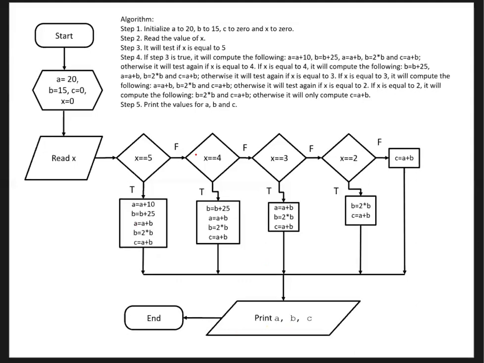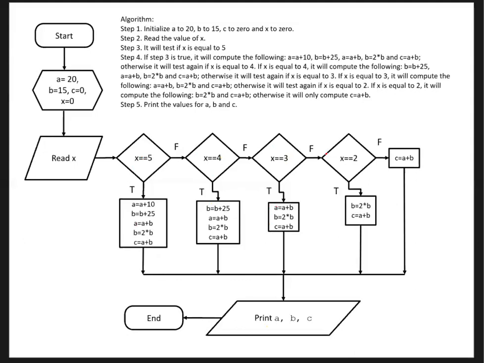If this is false, it will test again if x is equals to 4. And if this is true, then these are the only statements that it will be performing. Now if this is false, it will test again if x is equals to 3. And if this is true, it will just perform these 3 equations.